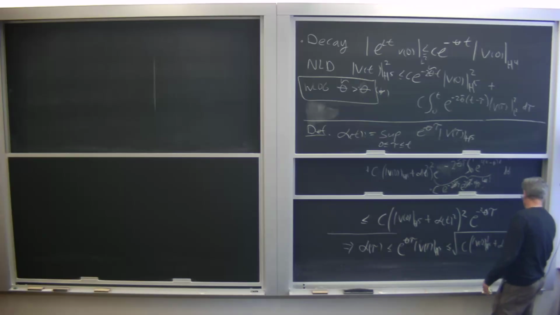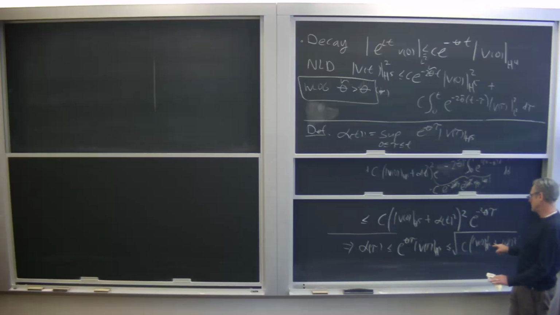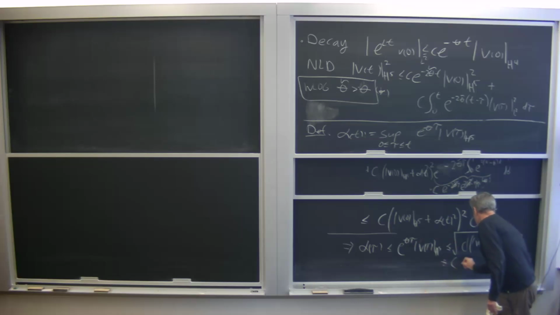Times nothing, because the square root of e to the minus 2 theta tau cancels the e to the theta tau, and this is what we get. This was a squared. So I get just what I wanted.